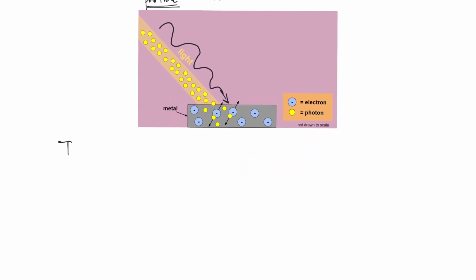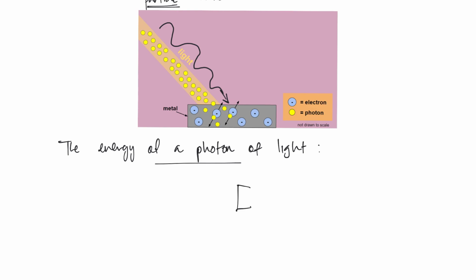Right, that's the next thing. The energy of a photon. So if I wanted to know what's the energy of a photon of light, I can use an equation. So the equation is E is equal to hf.